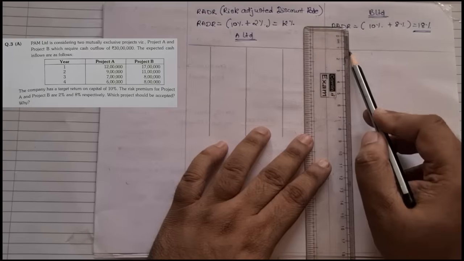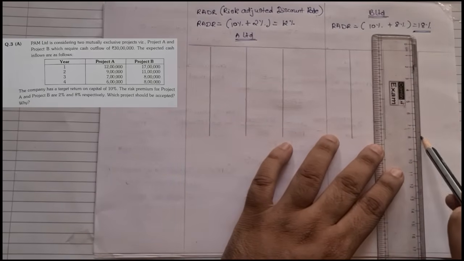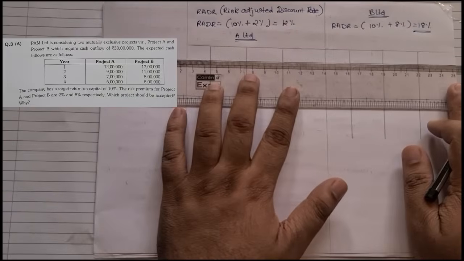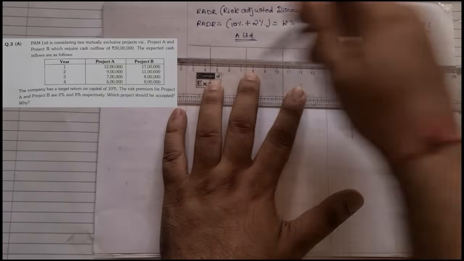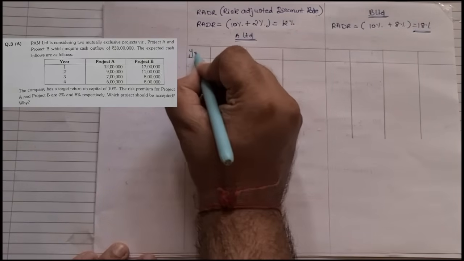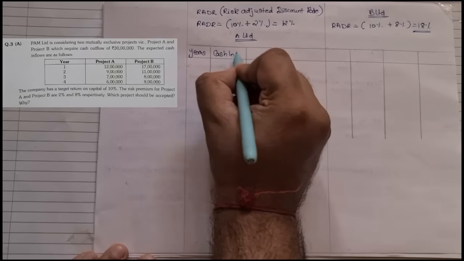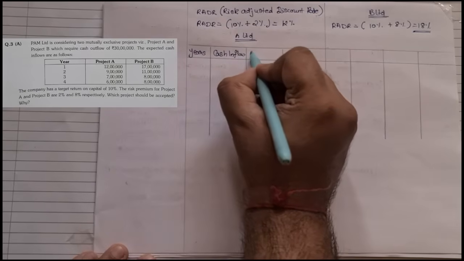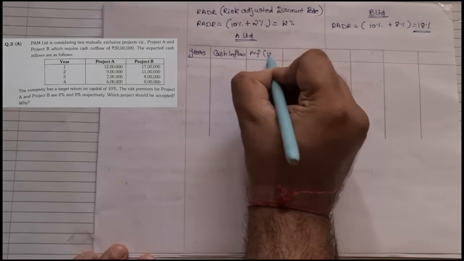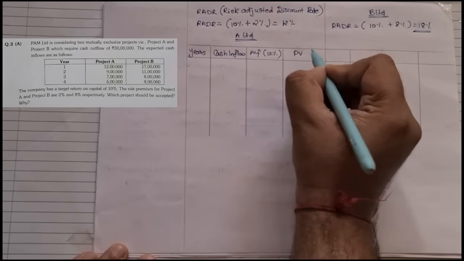Same way for the second table, years, cash inflow, discounting factor and the present value. First we'll solve for A Limited. I have years, the cash inflow, the PV factor which is at 12%, and thirdly the value of PV.